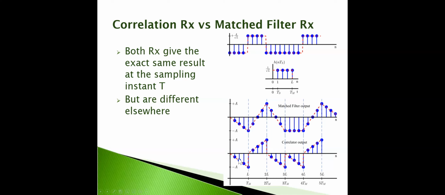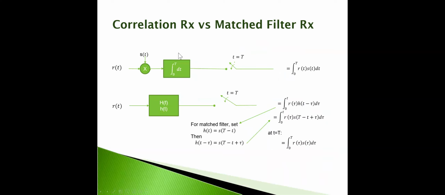Because what we're doing is we are always processing from this 0 to t, and so it's a little bit different from this in the match filter, where we're starting from 0 absolute and always integrating, always convolving, right?